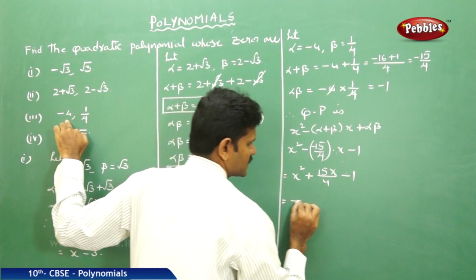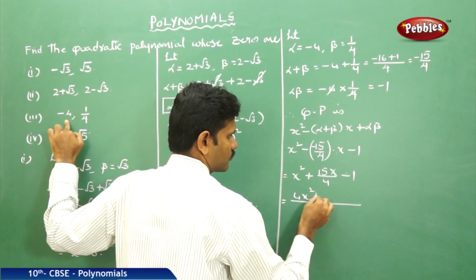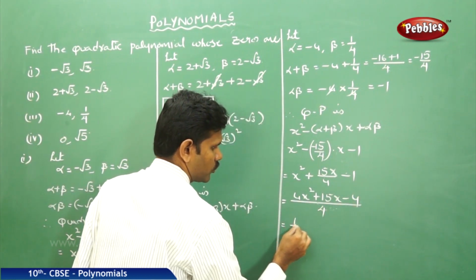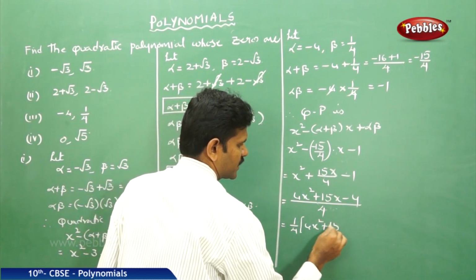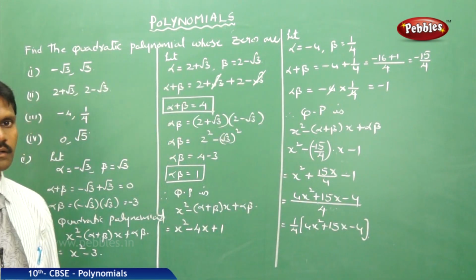Therefore, after taking the LCM, it is 1 by 4 times 4x square plus 15x minus 4. So 4x square plus 15x minus 4 is the required polynomial.